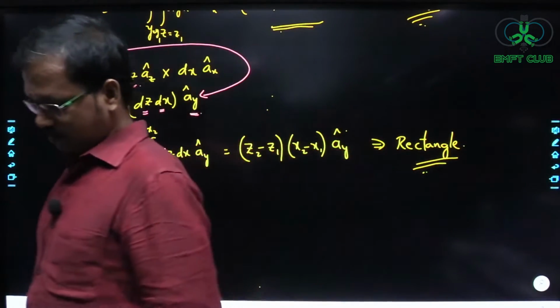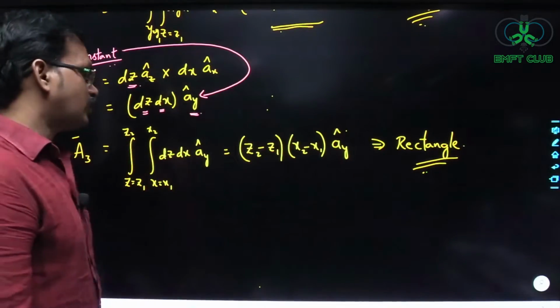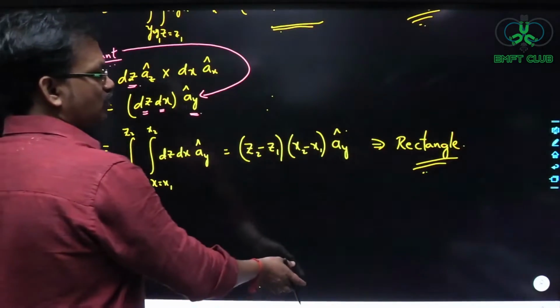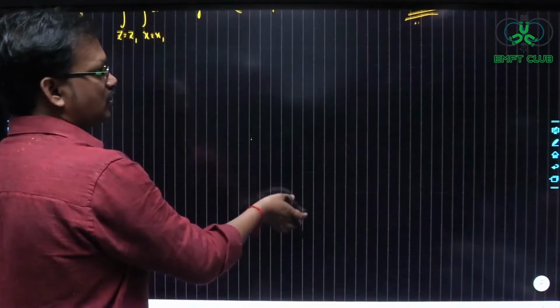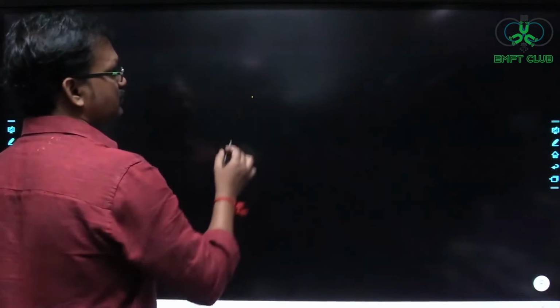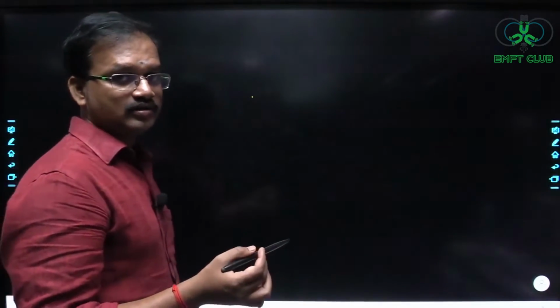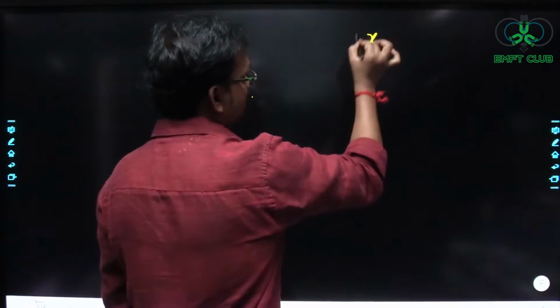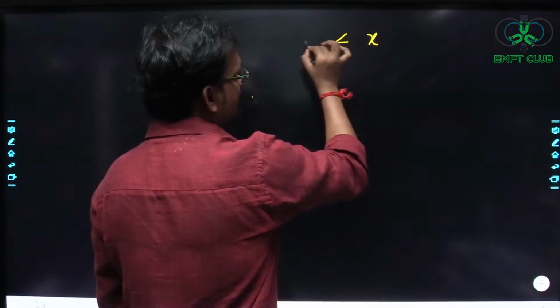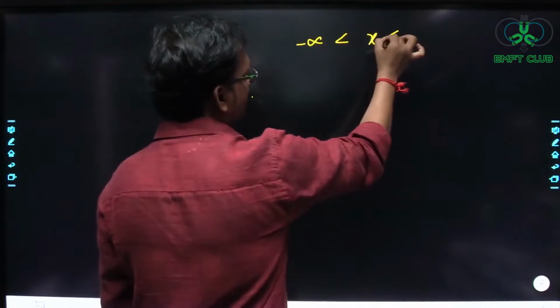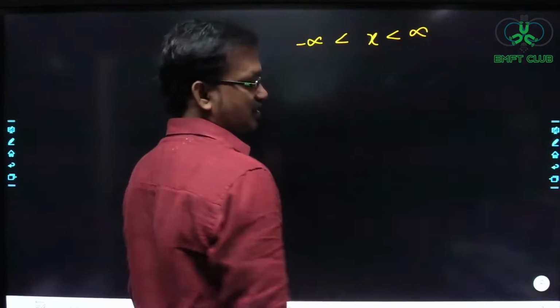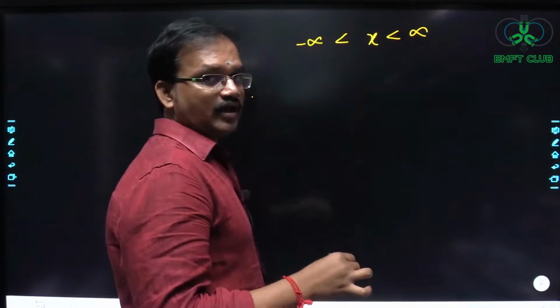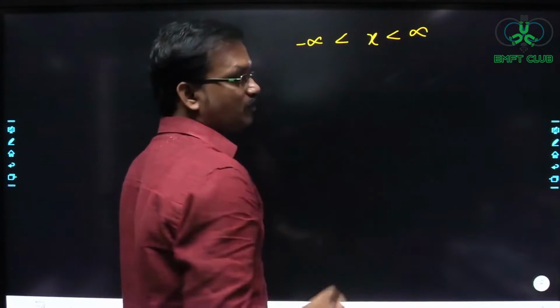Okay. So here we forgot one thing, that is the range of x, the range of y, and the range of z. So what is the general range of x here? It can vary from minus infinity to plus infinity. So x can take any value from minus infinity to plus infinity.